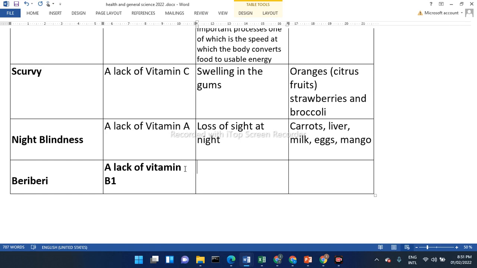So the vitamin Bs are responsible for anything like your nervous system. They really help with those.